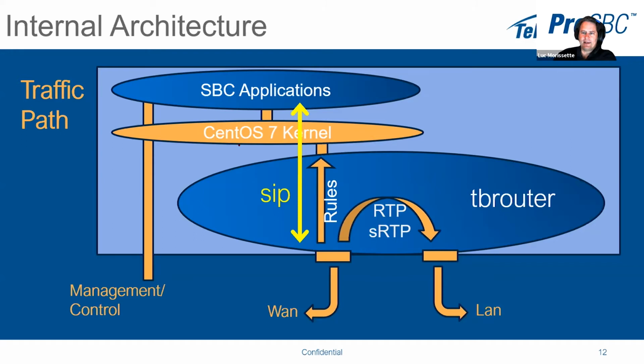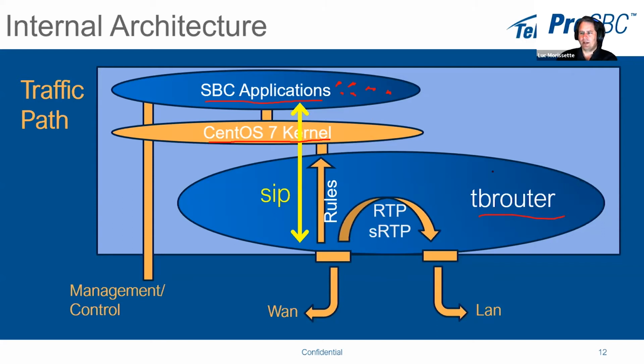You have in there, let's say, three main modules. One is the CentOS operating system that is running on the server. Then you have all the other SBC applications except TB router. So you have here the gateway application, the engine application, TB SIP, the web services, SNMP, call tracing, everything is running here, but not TB router.